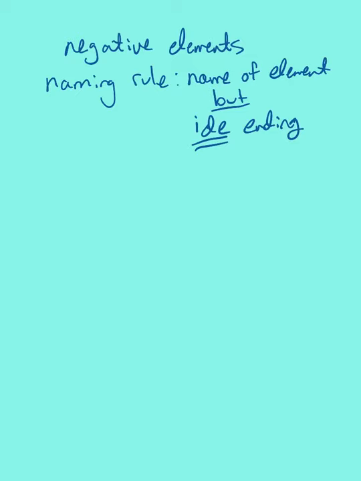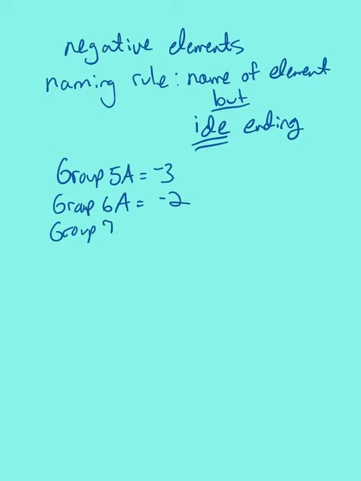Okay, so now the ones you're going to need to know are group 5A are -3, group 6A are -2, and group 7A are -1.